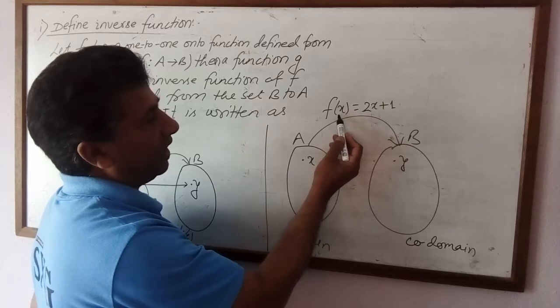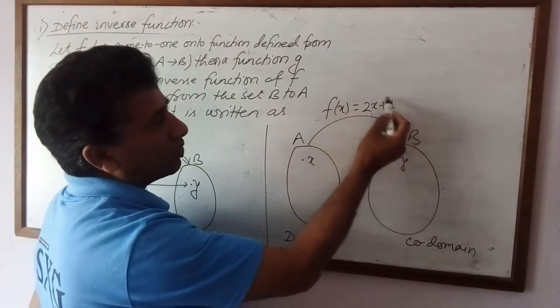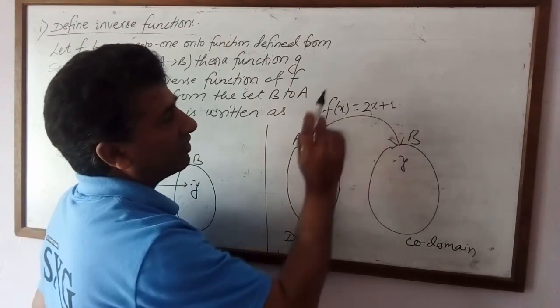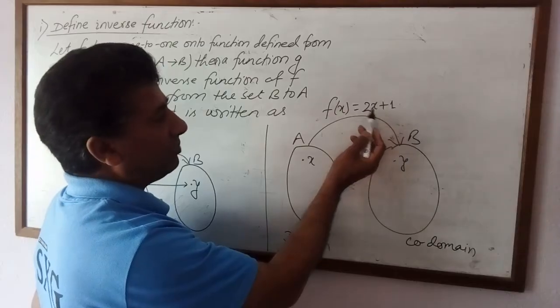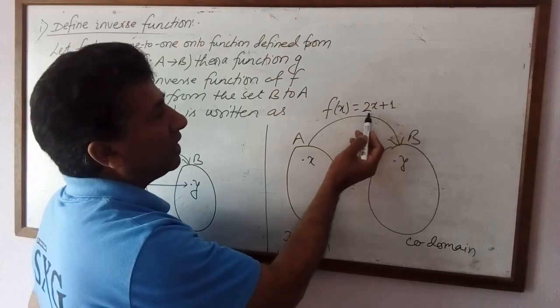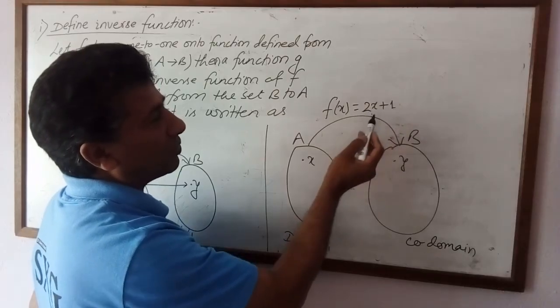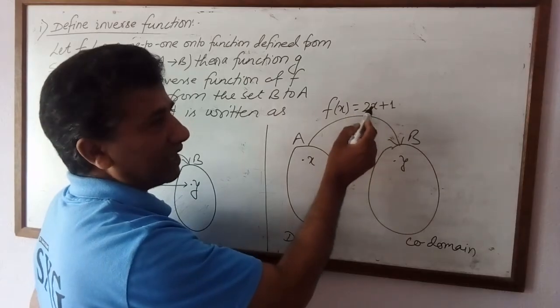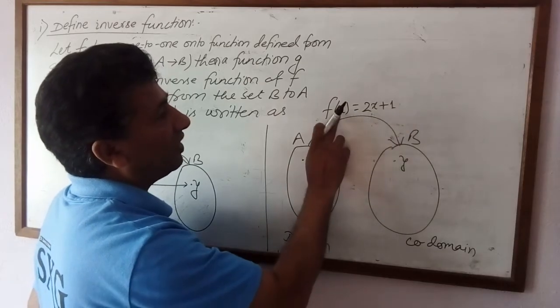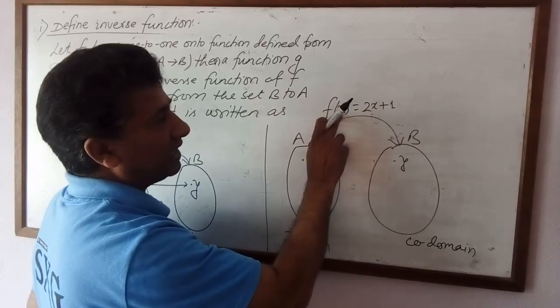Why have I written x here? This 2x plus 1 is the function, and in that function there is use of the variable x. That x represents the domain. Its name is f. In this function there is x, that's why this is a function of x. This x is the domain.